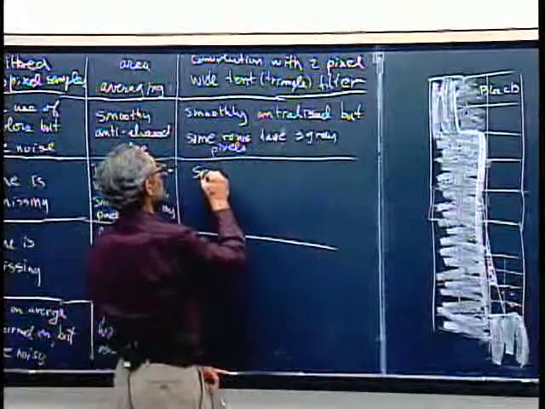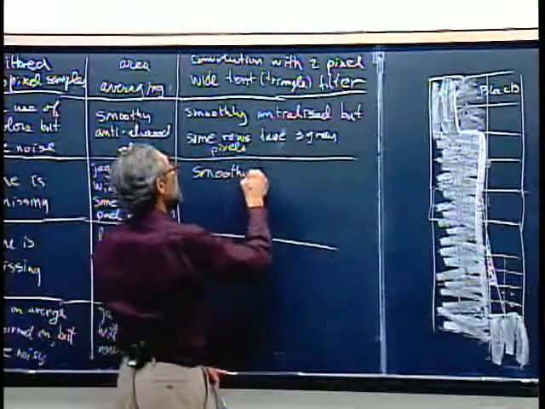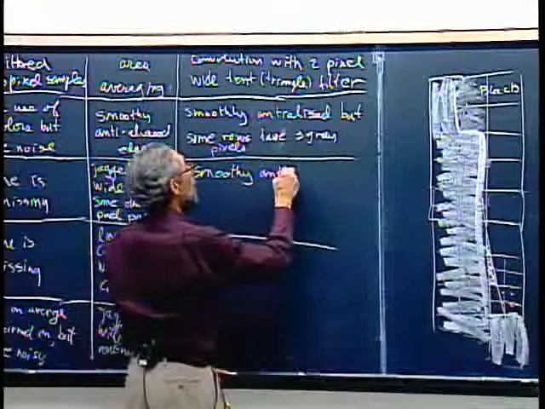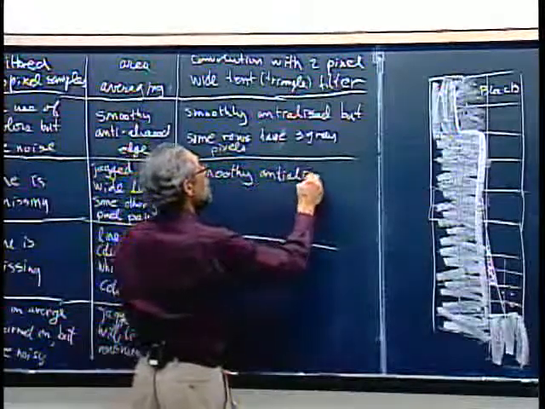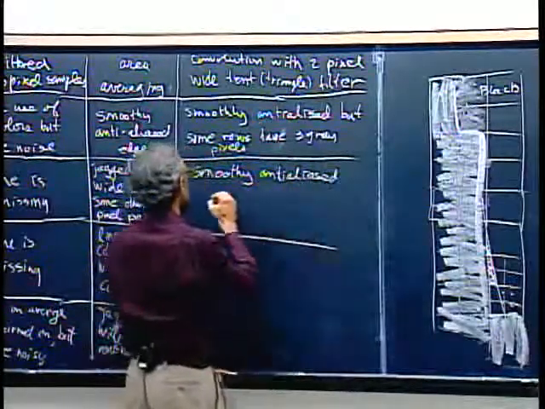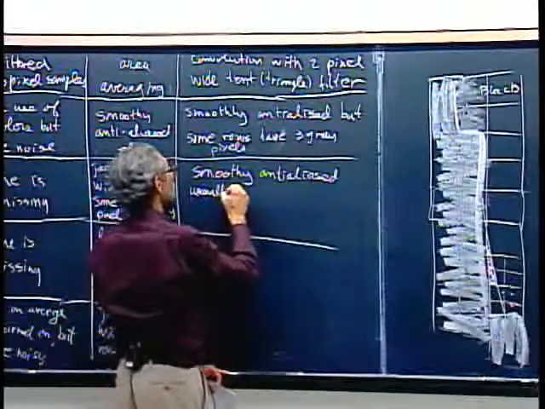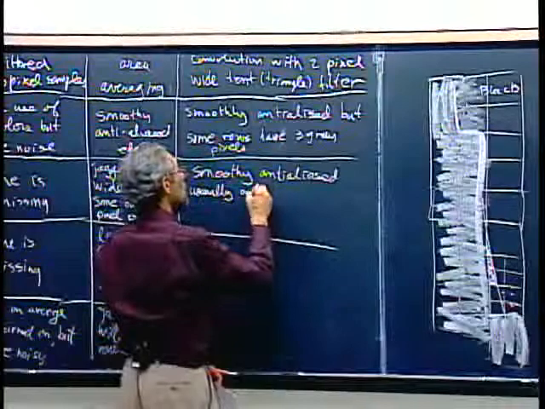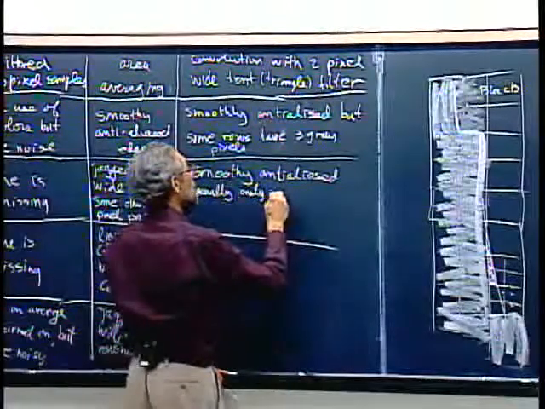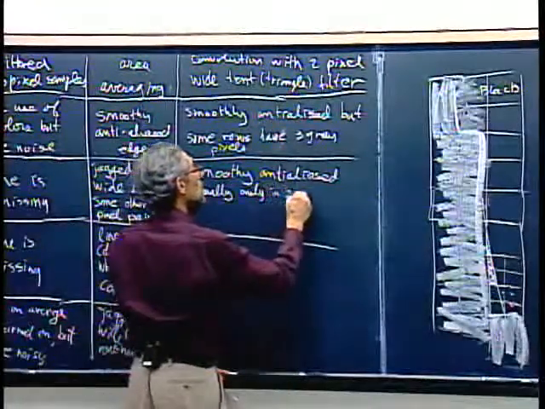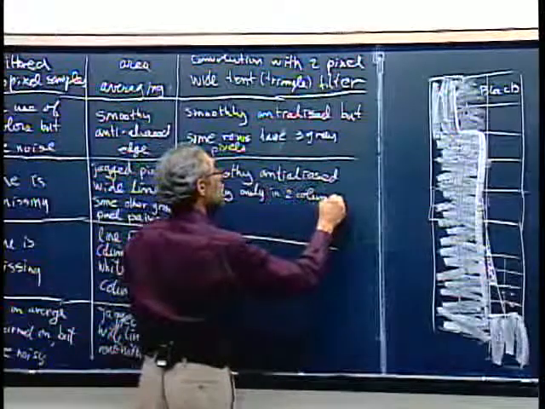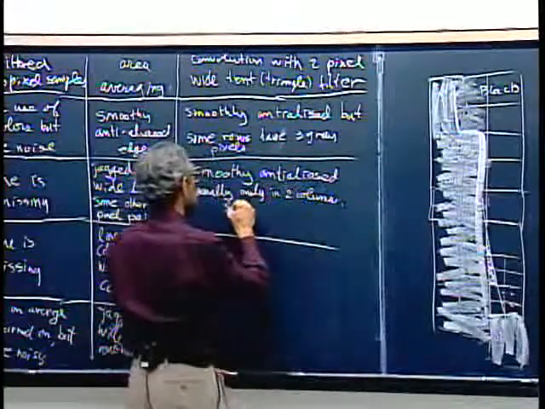Now smoothly anti-aliased. Usually only in 2 columns, sometimes 3.